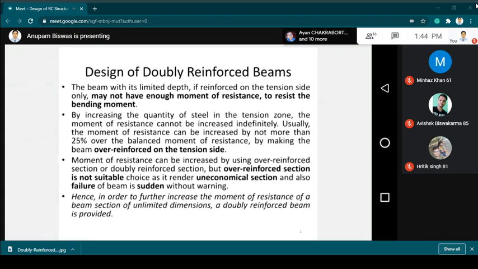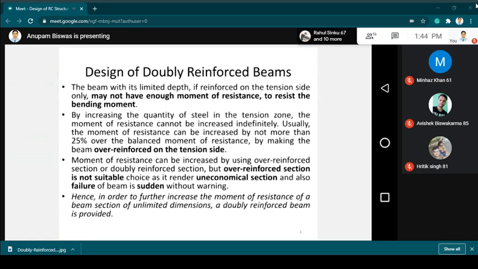The first option is to increase the depth, but that is not possible. Another way is to introduce reinforcement in the compression zone.